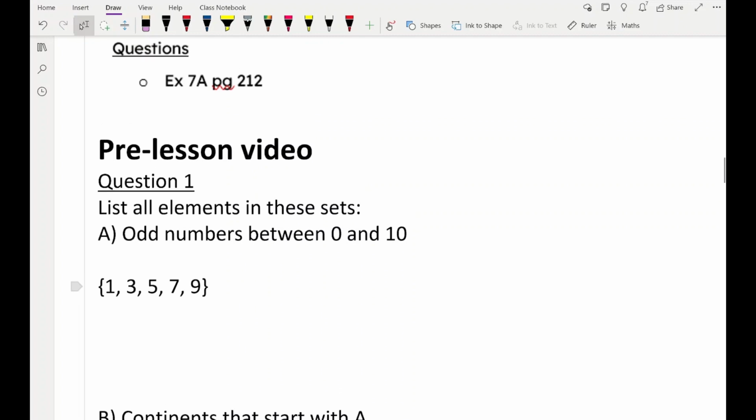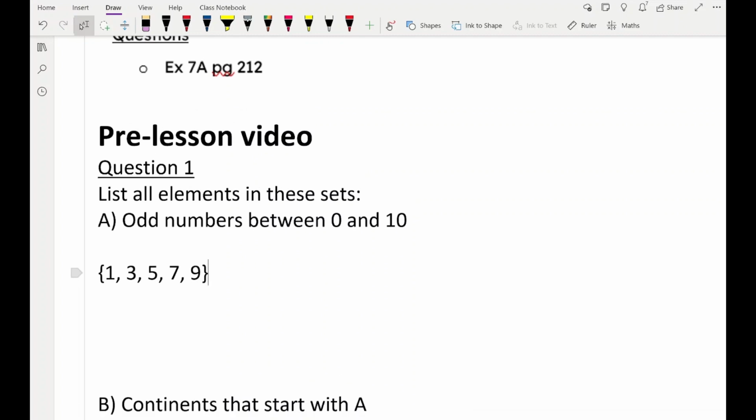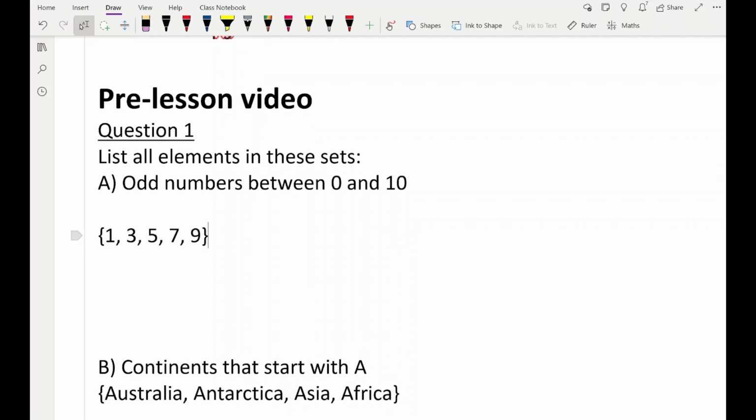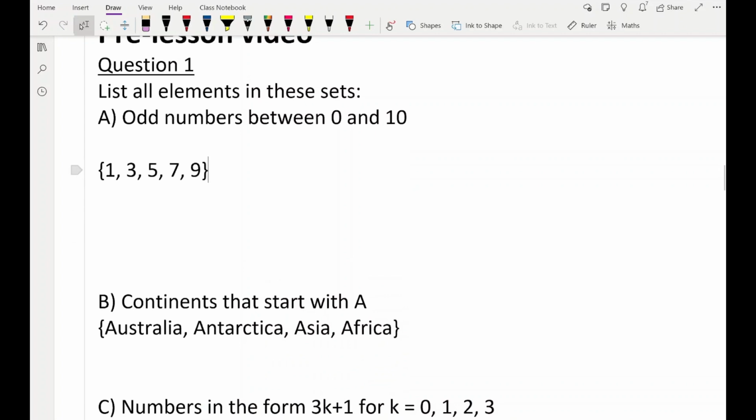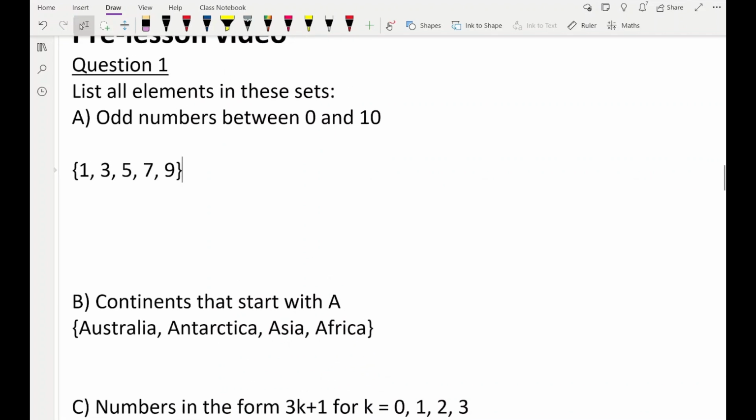You've got another question here, continents that start with A. You'll think about all your continents and just pick the ones that start with A. You'd get a set that looks something like that: Australia, Antarctica, Asia, Africa. You would get numbers in the form 3k plus 1 for k equals 0, 1, 2, and 3. So if k equals 0, you're going to get 3 times 0 plus 1, which is 1.